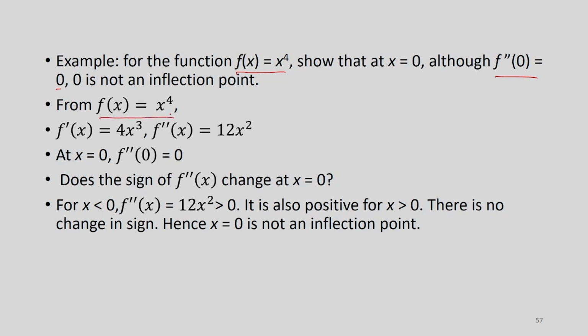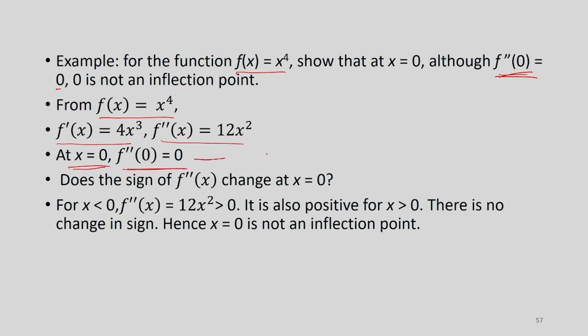So, f(x) is equal to x to the power 4, we take the first derivative, it becomes 4x cube. Second derivative, it becomes 12x square. Okay. Now, what is the necessary condition for inflection point? It is f double dashed should be equal to 0. Now, at x is equal to 0, what happens to the f double dashed? It becomes equal to 0.